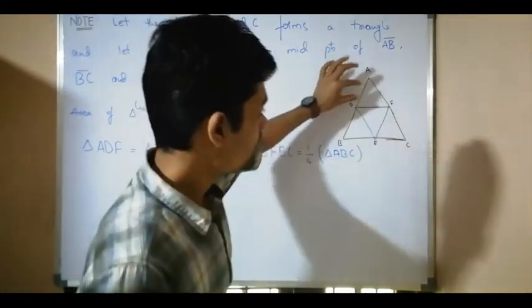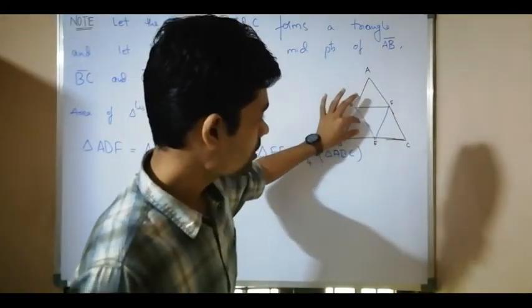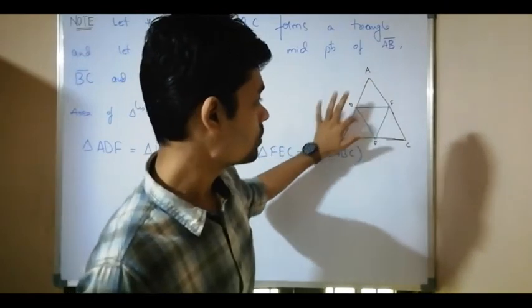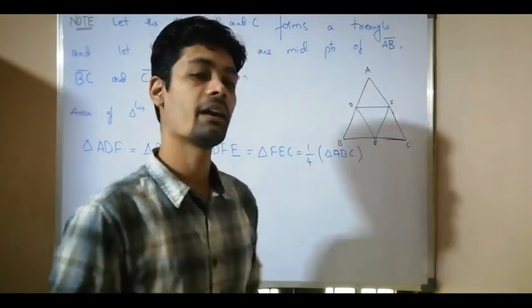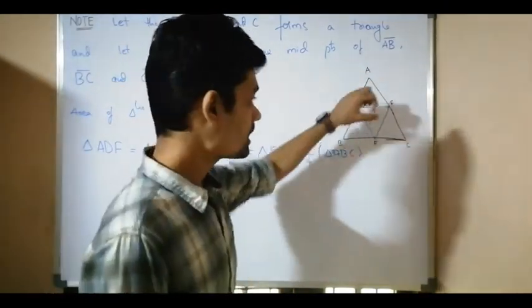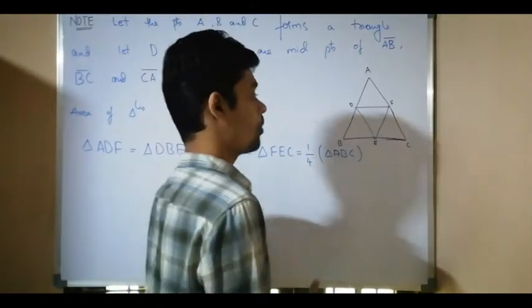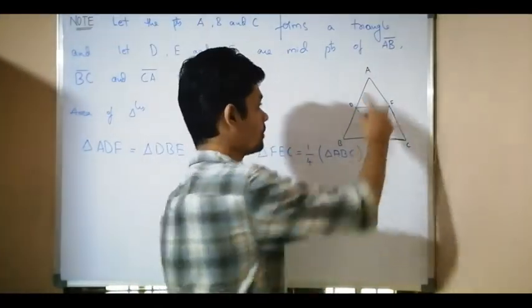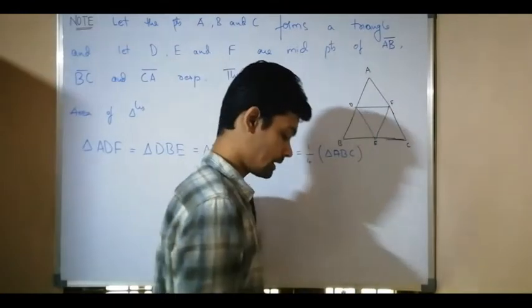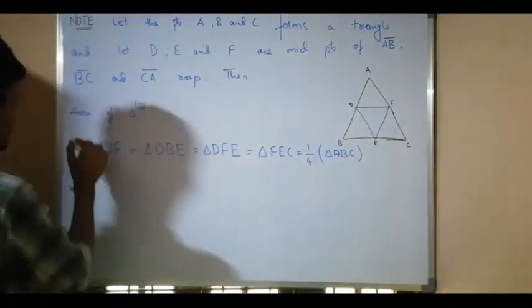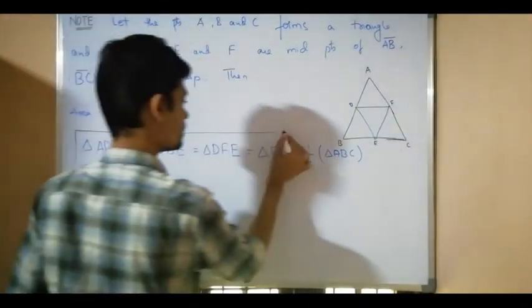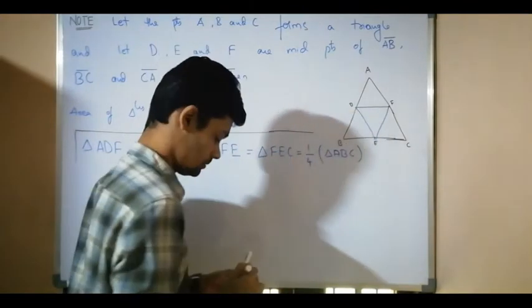All these four triangles' areas will be equal, and that area is nothing but 1/4 part of the area of the main triangle.